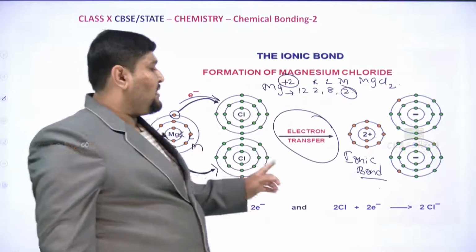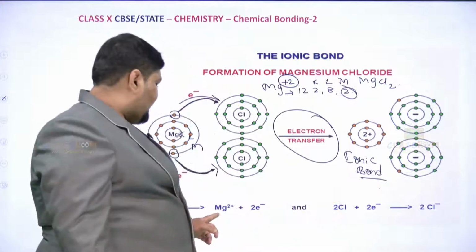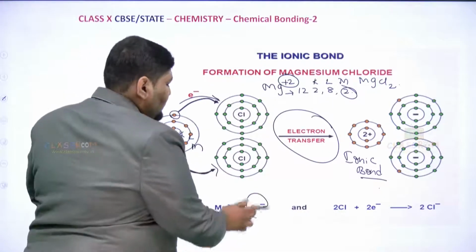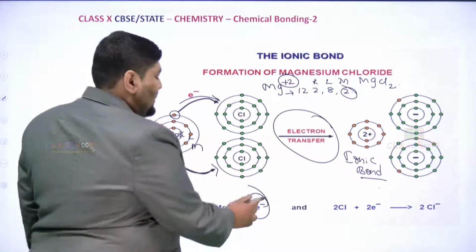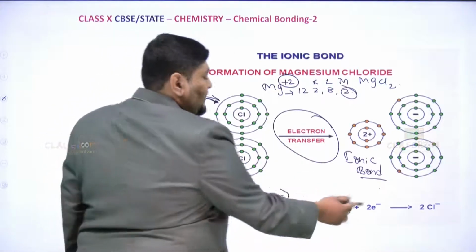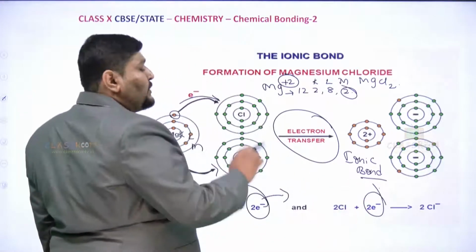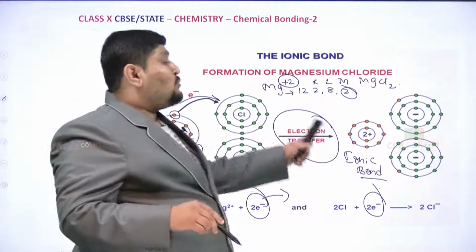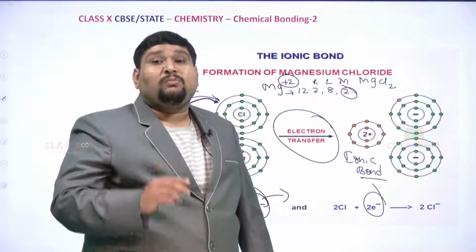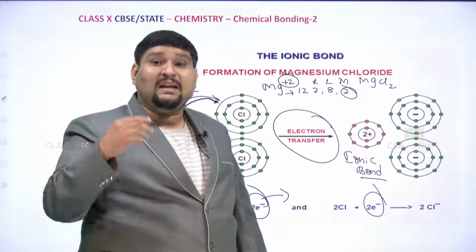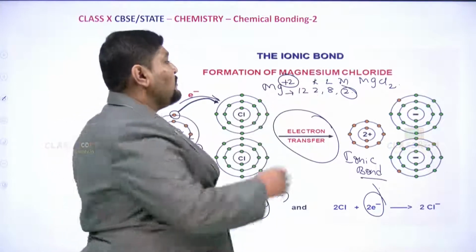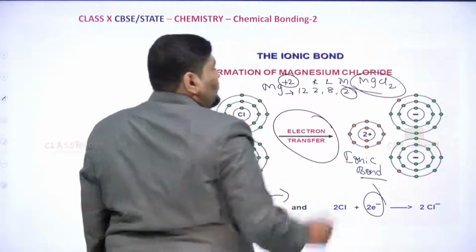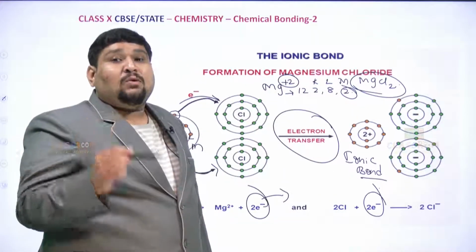So in that case, when the magnesium atom gives out the 2 electrons, those 2 electrons are accepted by 2 chlorine atoms, which fill their outermost shell with 8 electrons and become stable. Hence the compound is electrically neutral, and the compound so formed, magnesium chloride, is an example of ionic bond formation.